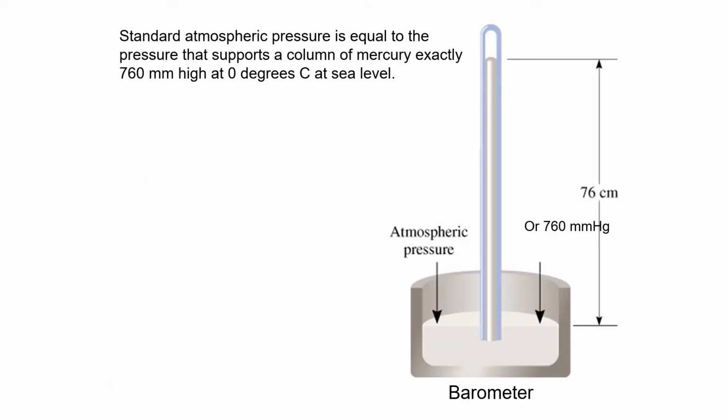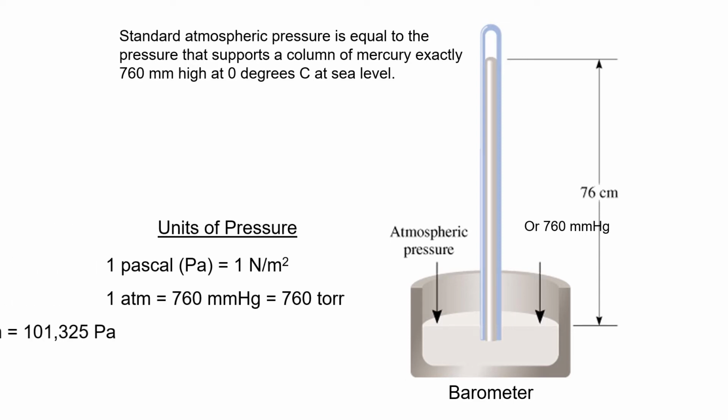So standard atmospheric pressure is equal to the pressure that supports a column of mercury exactly 760 millimeters high at 0 degrees Celsius at sea level. Okay, 1 atmosphere equals 760 millimeters of mercury.